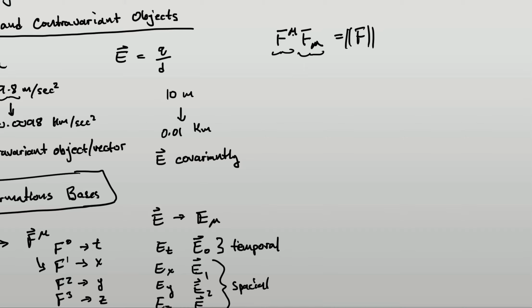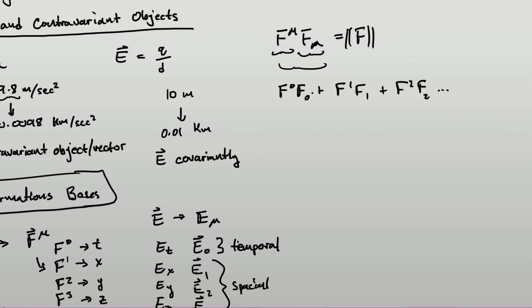And f mu, so this little mu part here, again, these sum over, all of this is equivalent to f0 plus f1 plus f2, and so on, right?